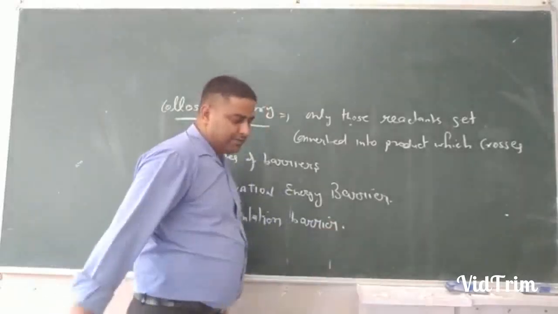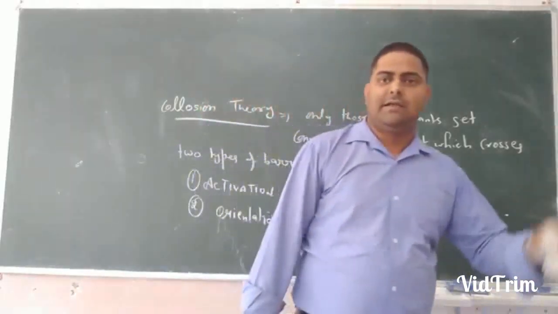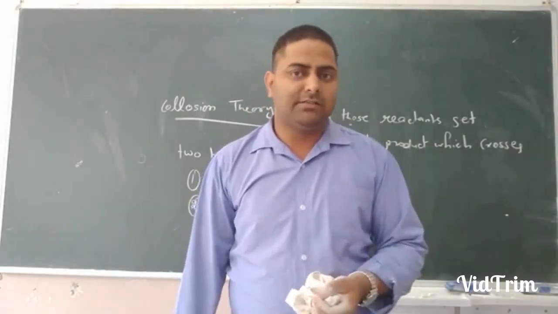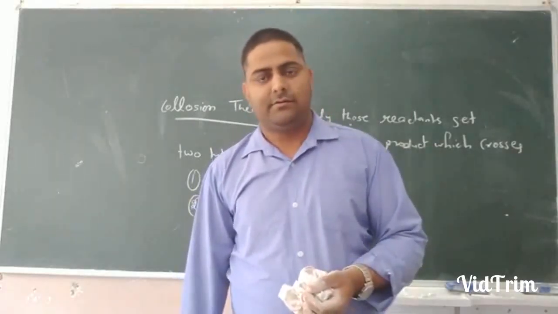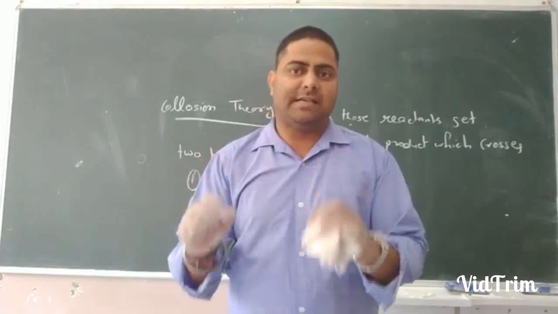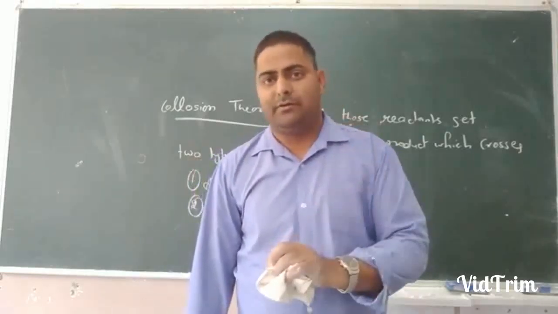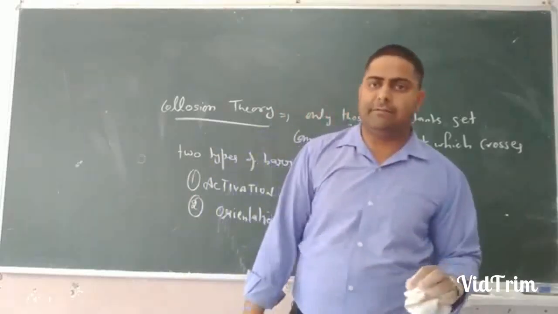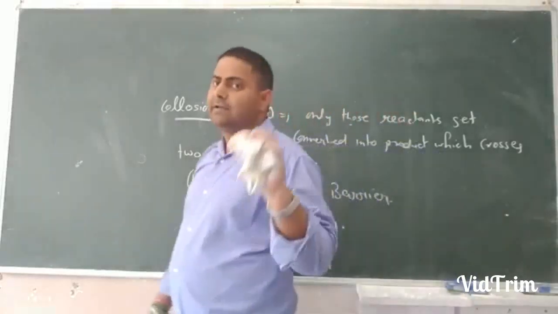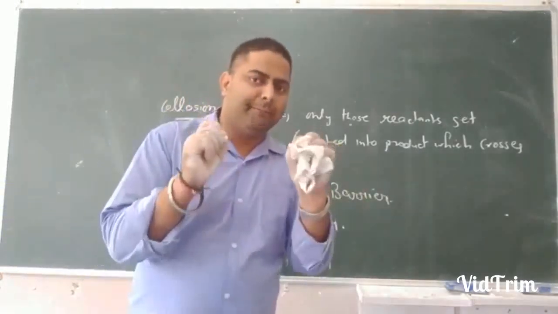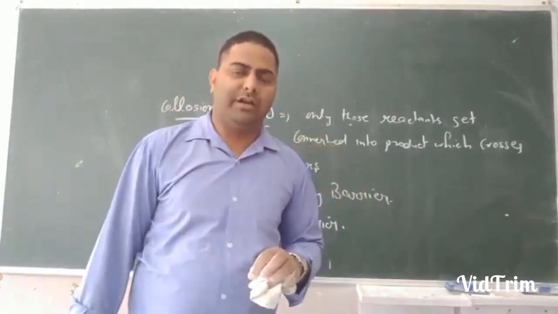It has been found that in most cases, when we increase the temperature, the rate of the reaction does not increase. In those cases, we say the orientation of the reactant is not proper. It's a hypothetical concept, but it is supposed that the molecules which are reacting together must have a proper orientation.